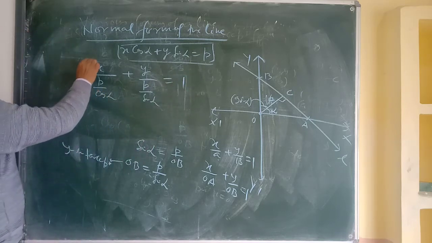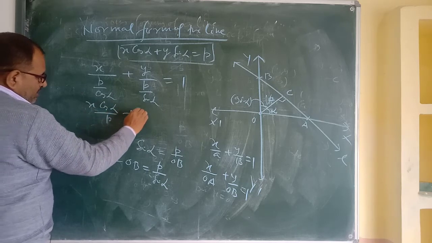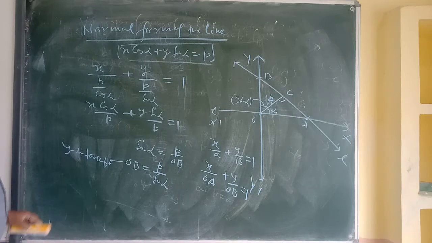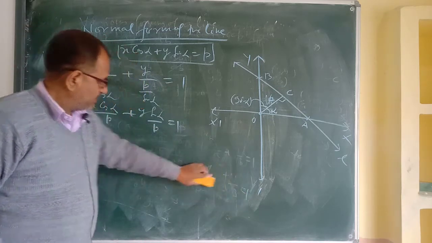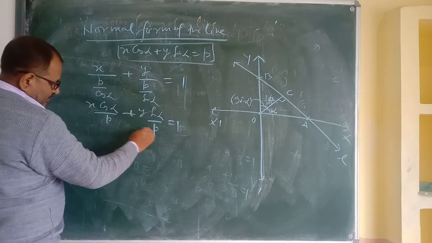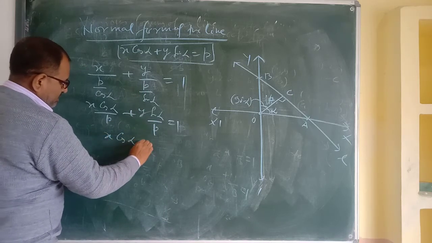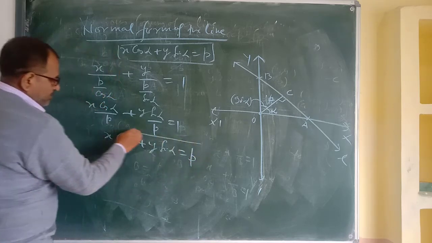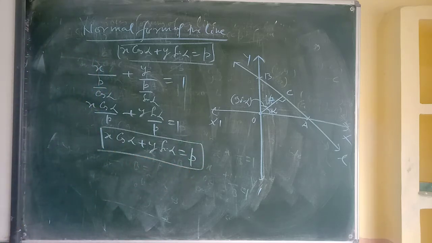The cos alpha goes to the numerator, so x cos alpha upon p plus y sin alpha upon p is equal to 1. The LCM is the same p, and after cross multiplication we get x cos alpha plus y sin alpha is equal to p.